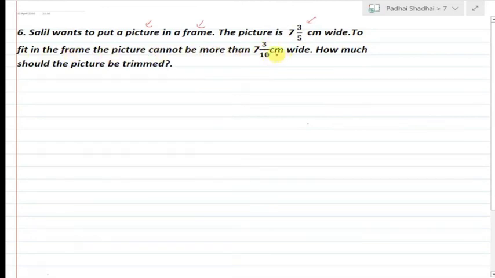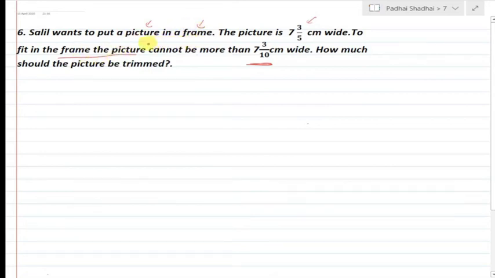How much should the picture be trimmed? Remember beta, the picture which is to be framed is bigger, so we have to cut it out. So to fit in the frame, the width should be 7 integer 3 by 10. So we have to find out how much is to be cut out.